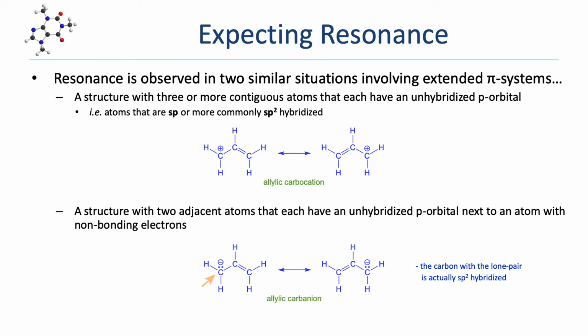In the left structure, the leftmost carbon looks like it's sp3 hybridized, but in the right resonance structure, that same carbon is clearly sp2. When looking at the resonance structures for a delocalized pi system, if an atom is ever drawn as sp2 hybridized, then it is actually sp2 hybridized, even if in some structures it's drawn as sp3.